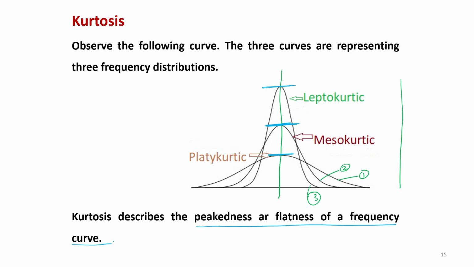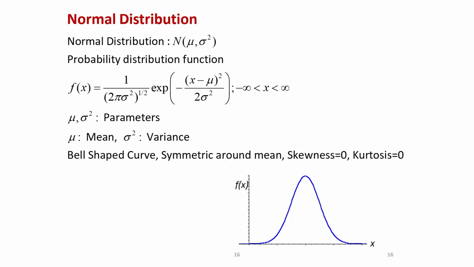You can see that curve number 1 is more flat than curve number 3, right. So, how do we measure this property? The hump of this curve is compared with the normal distribution hump. As I told you, for example, this is the normal distribution, which I just discussed.